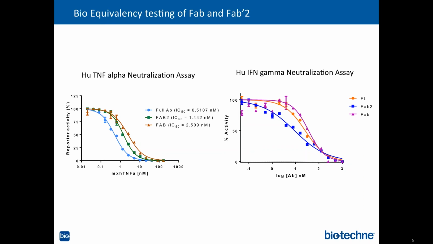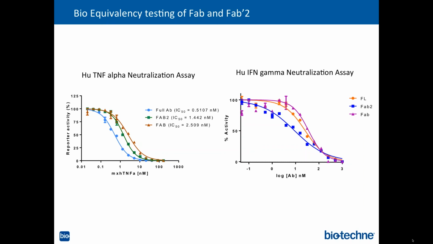The human interferon gamma neutralization assay resulted in a different outcome, where the full length and the FAB were behaving fairly similarly, but the FAB'2 actually gave us lower IC50s.